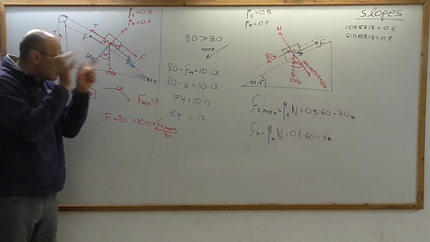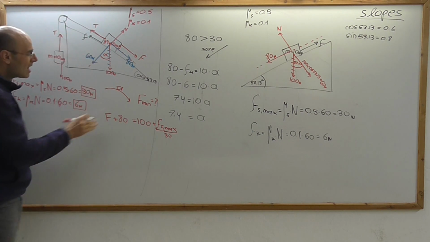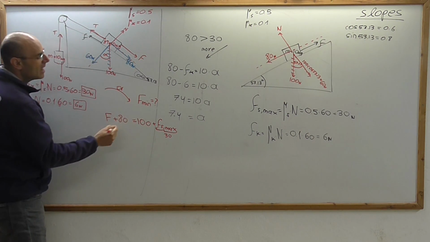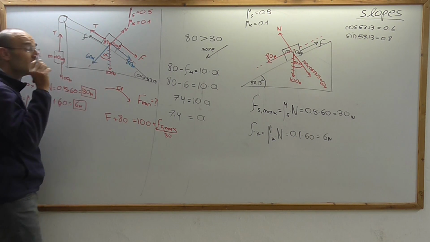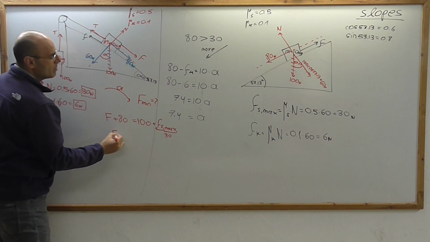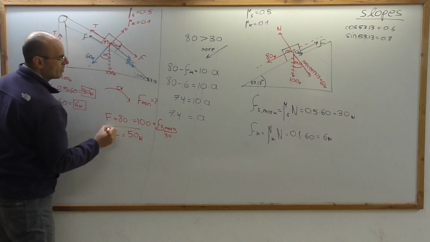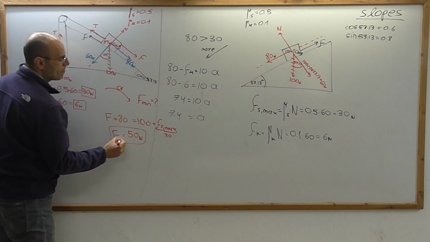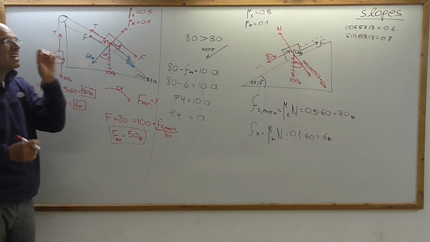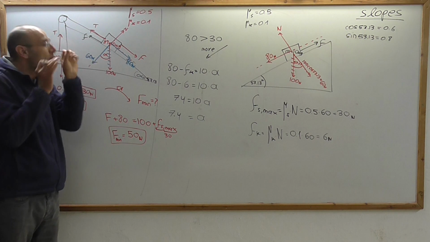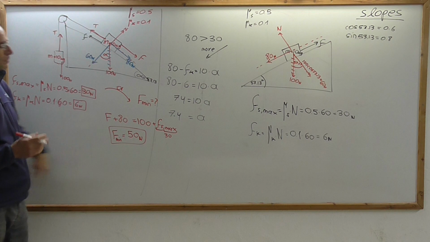If I want it to be on the verge of moving, I will just draw an equal sign, and I will get the minimum force I need in order for this system to go this way. So F will be 130 minus 80, which is 50 newtons. F minimum. And again, F minimum means that if I apply 50 newtons, it will be on the verge, and it will move. Okay? So we say F minimum.